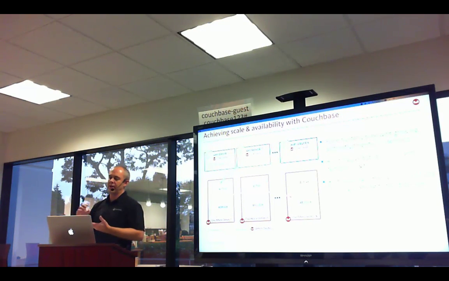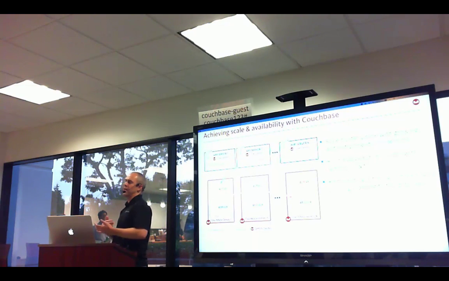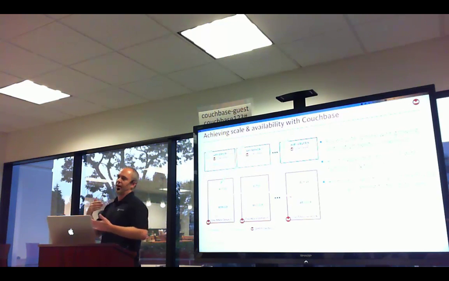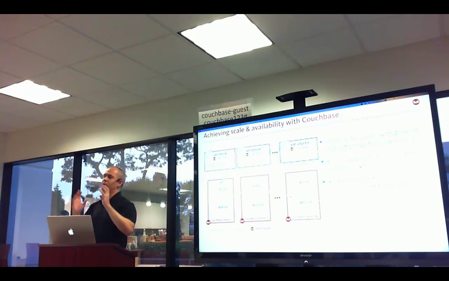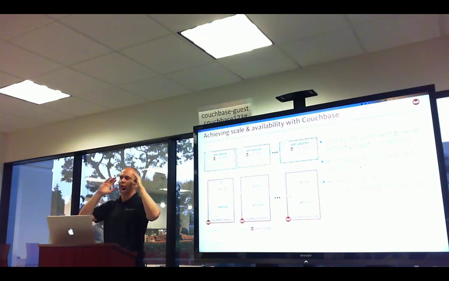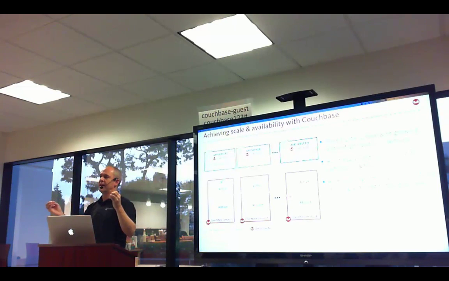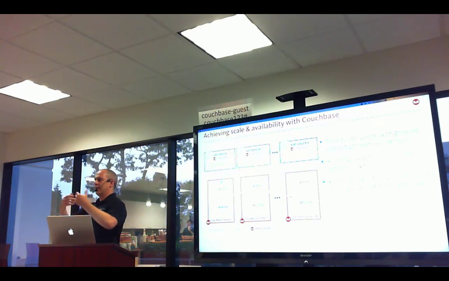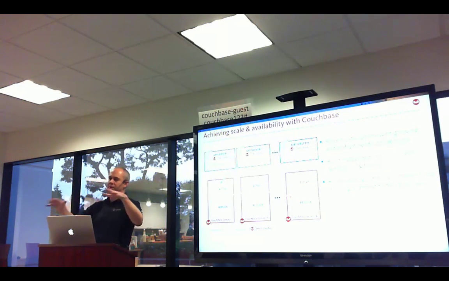Conceptually, it's like a giant distributed hash map. You can hash any ID of something, any key of a document, and this all happens under the covers. Of course, you don't have to do this if you're developing, right? You use the SDKs, you don't have to deal with this.